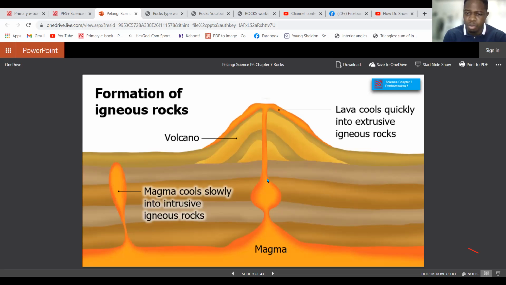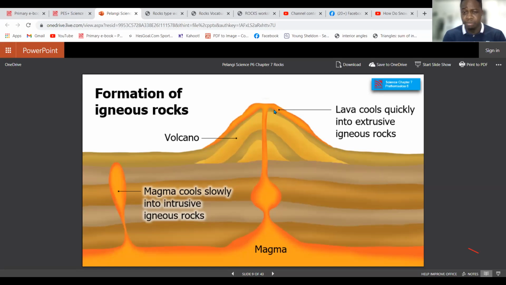Magma, molten, lava. Okay, it's still the same red, hot substance, but when it is under, it is called magma. As it starts to move upwards, it is called molten. Now it is on the surface of the earth, it is called lava.